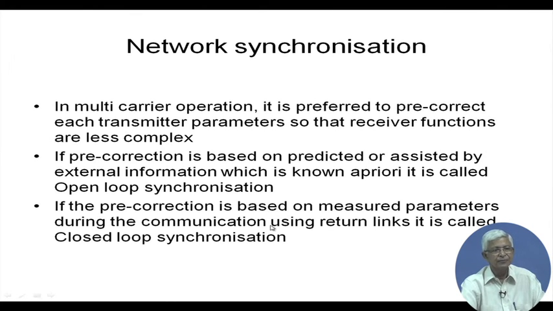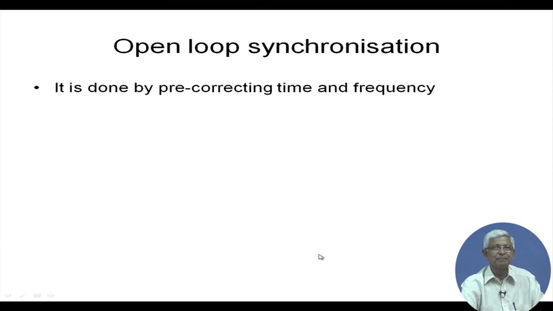That means each transmitter has to do the measurement, because the information is not supplied by anybody else. So, it has to do a round trip measurement. That means it needs a return path. It is transmitting as well as receiving. So, it is called closed loop synchronization. That loop is closed. So, pre-correction could be open loop or closed loop synchronization. We will see both of them.